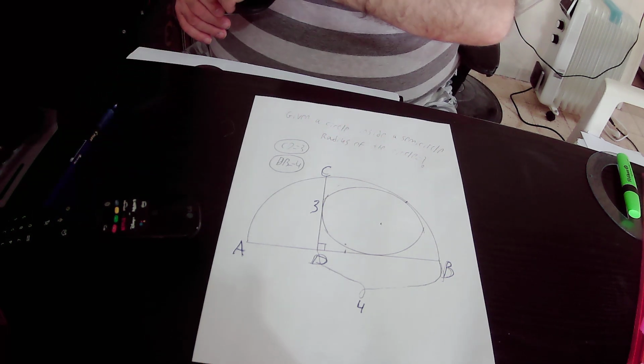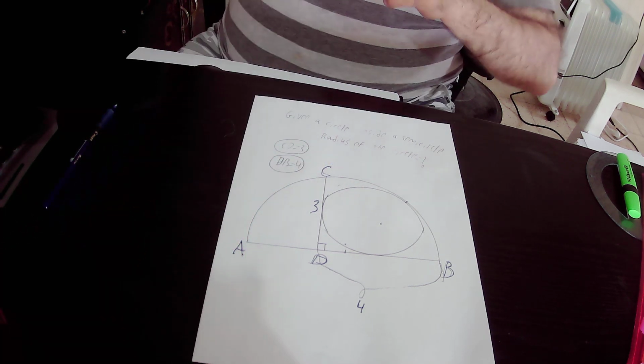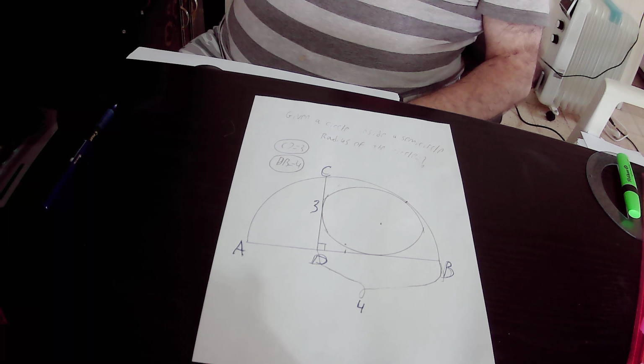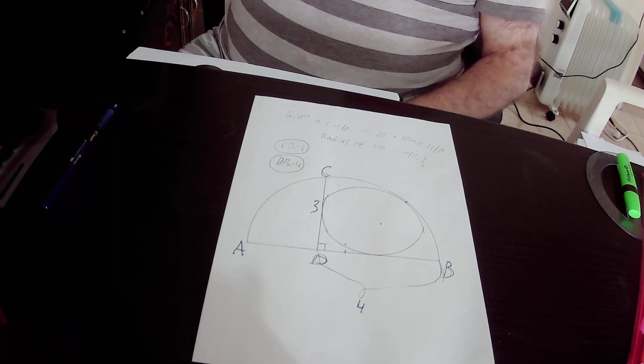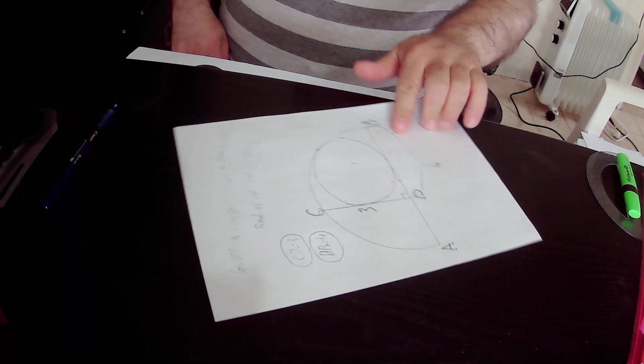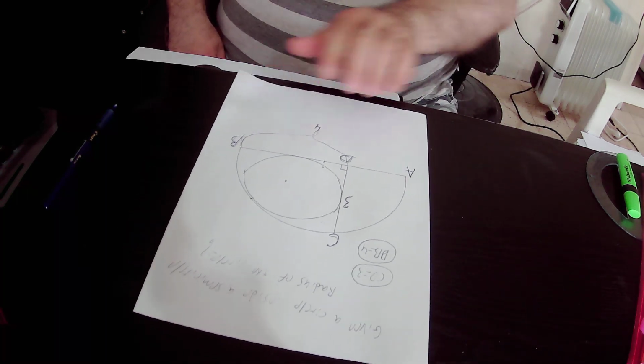Okay, so first of all, we'll do a construction. We will complete the semicircle to a circle.